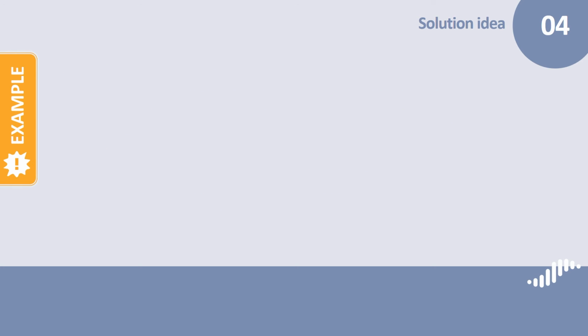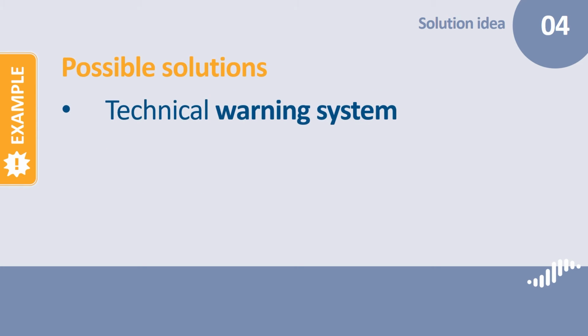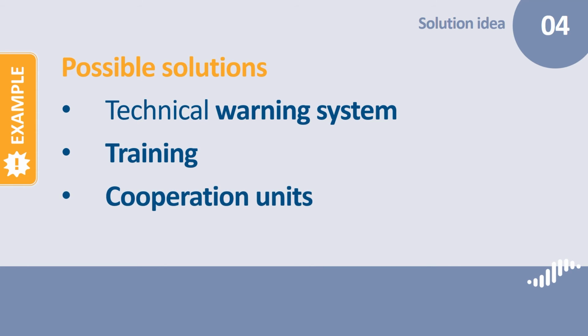A few examples could be a technical early warning system or a training of local enforcement authorities to increase their awareness and skills to detect and react to an accident. Or the solution can be a setup of regional cooperation units to improve transparent communication and ensure a fast coordinated reaction.